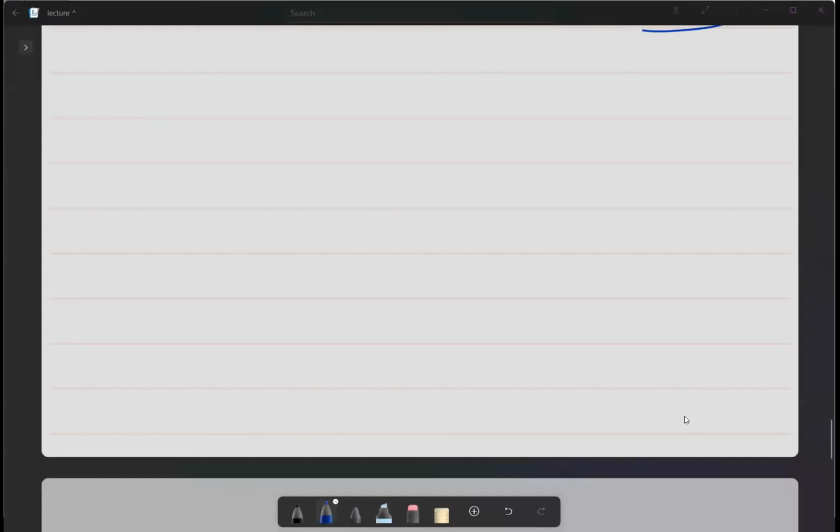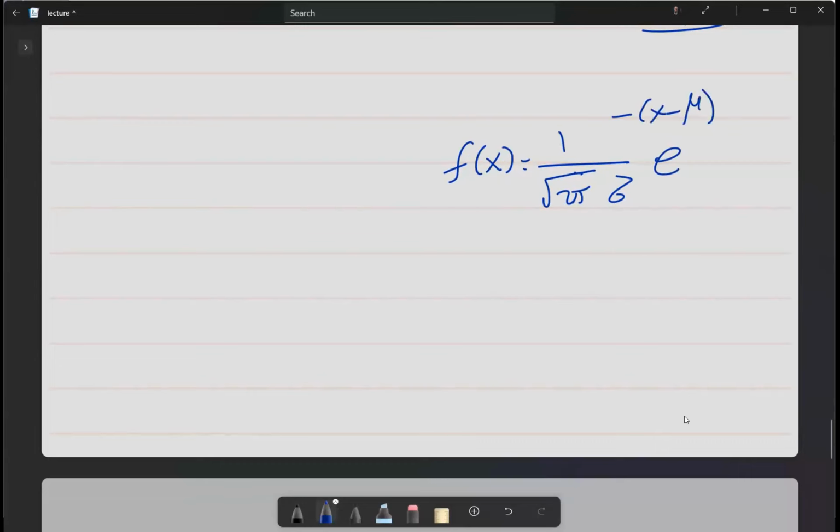So we said that the Gaussian distribution has this shape: 1 divided by square root of 2 pi, then sigma. Sigma is called the standard deviation. Sigma square is the variance. And e to the power minus x minus mu squared, divided by 2 sigma square. Mu here is the mean.